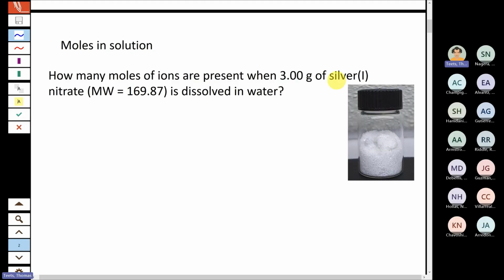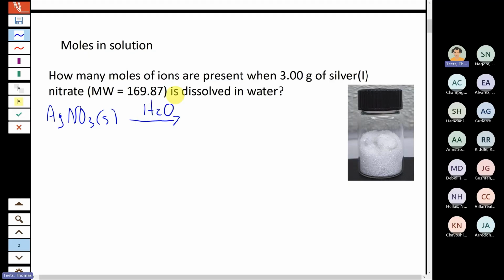So if we're dissolving silver nitrate in water, the way that we can indicate this is that initially silver nitrate is a solid. It looks not too dissimilar from sodium chloride. The picture here shows that. And then when we add it to water, there's different ways of indicating this, but you can just put a reaction arrow with water over it, indicating that we're putting that into water.